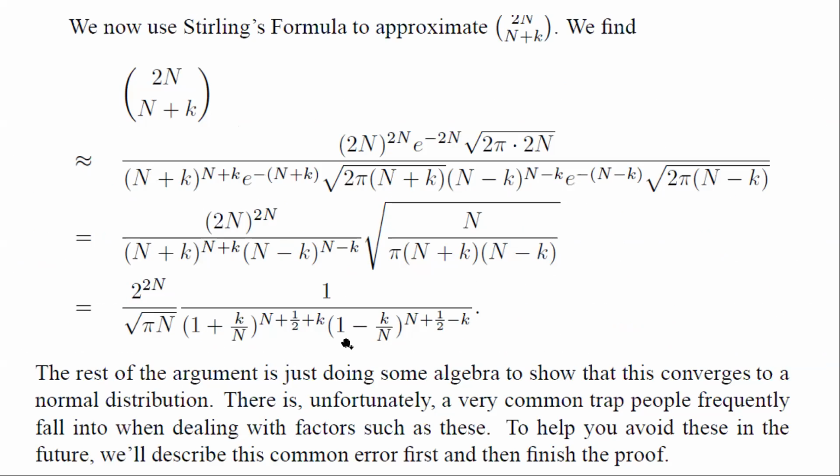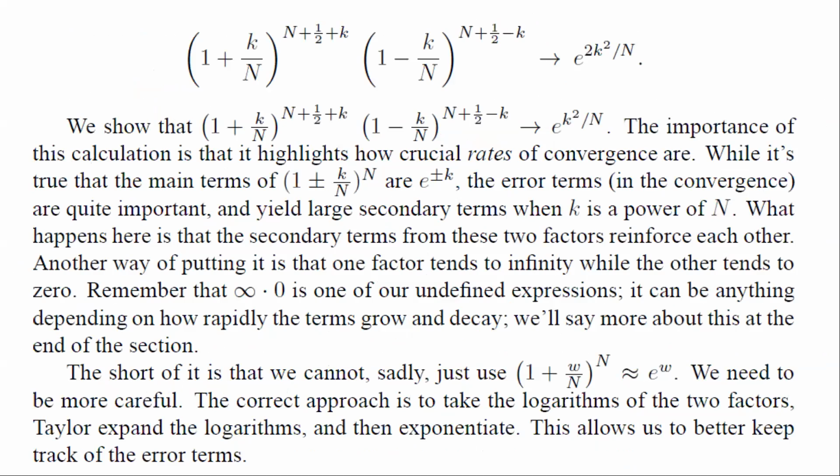And then we have this expression over here that we have to finish. And so it's just a bunch of algebra. And so you might make some kind of naive argument that, well, maybe this looks like 1 plus k over n to the n. Maybe this looks like e to the kn. This looks like e to the minus kn, so maybe they cancel. And then maybe have to worry about the k and the minus k.